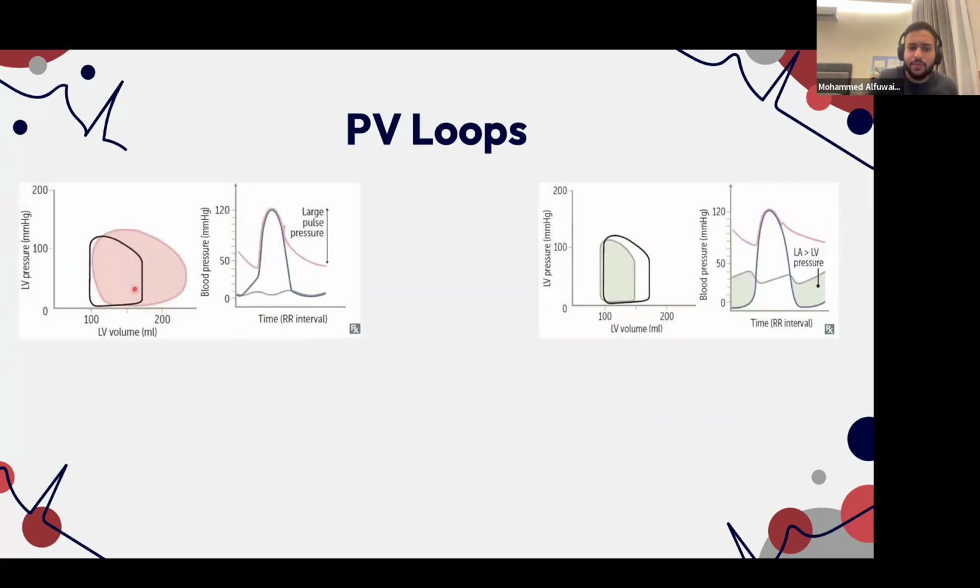Other than that, what's this one? During diastole, blood is going from the aorta to the ventricles. What's happening? Aortic regurgitation.